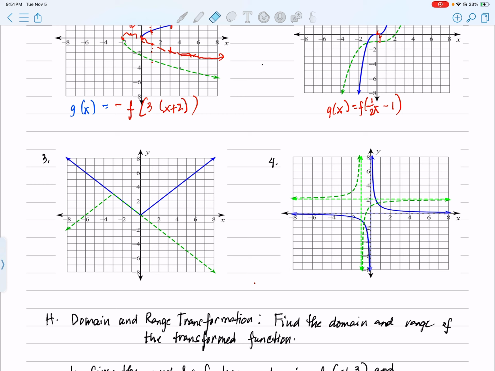So the g of x there, it's reflected across the x-axis. Let me see what happened here. 1, this is the point. 1, 2, 3. It goes up by 3.